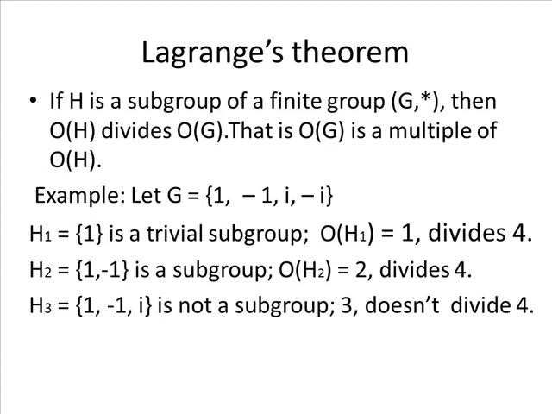You can see that there are 3 elements in this subset. 3 doesn't divide 4, which means H3 can never become a subgroup of the group G star. So Lagrange's theorem gives us a very simple test to find out whether a subset can actually become a subgroup. We'll have a look at a couple more examples so that the idea sinks in.